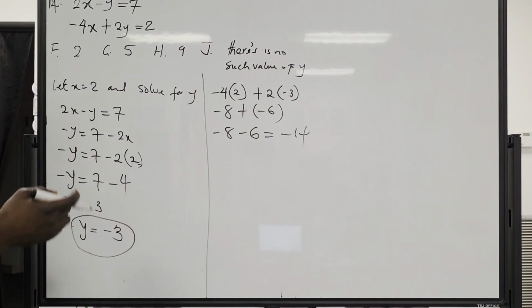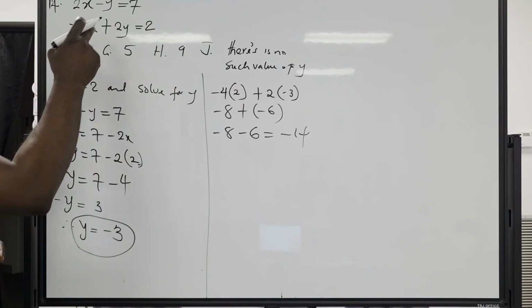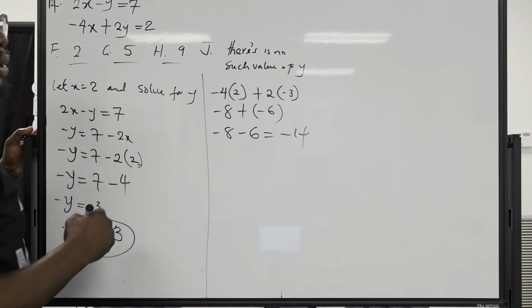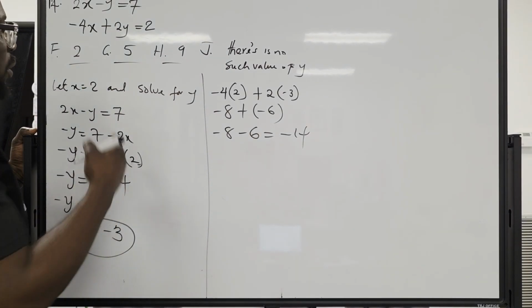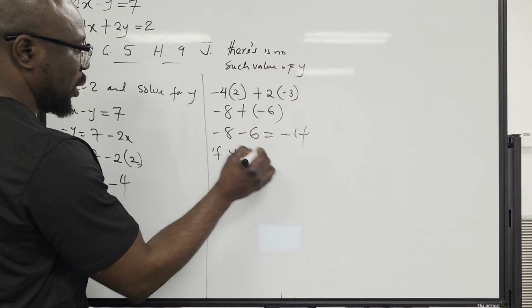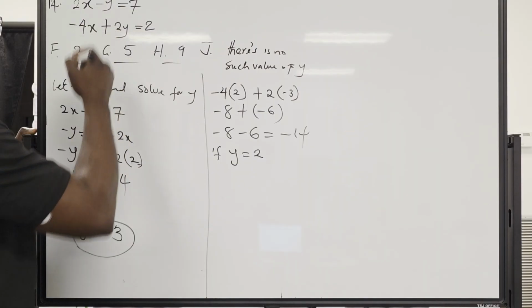You can also do it by choosing one of the answers to see if it makes sense. So let's say y is equal to 2. Anywhere we see y, we're going to put 2.